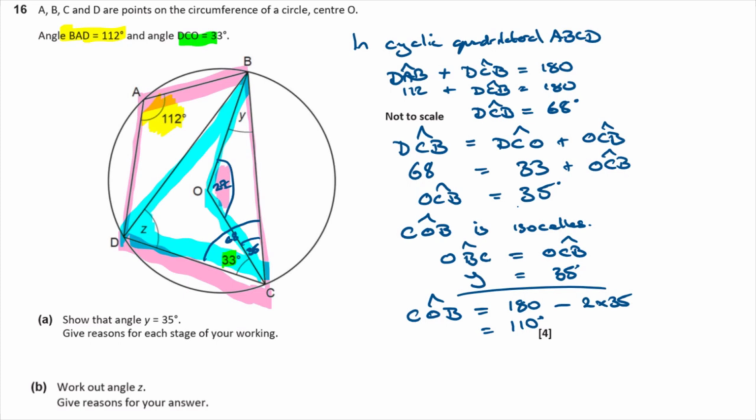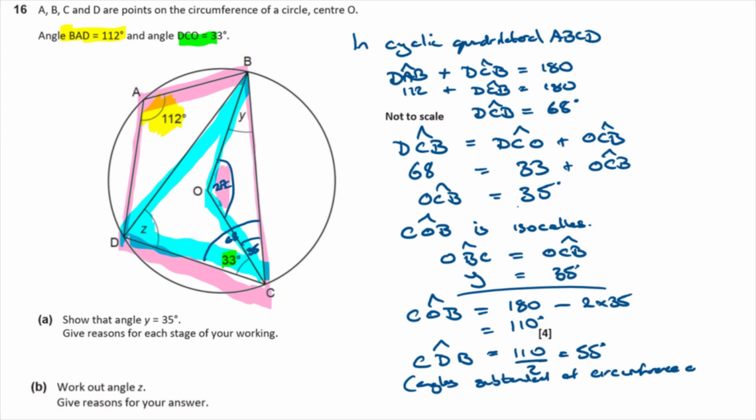And therefore CDB is going to be 110 divided by 2, which is 55, because angles subtended at circumference are half the angle subtended at the center.